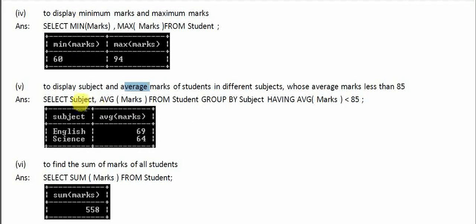So we will write select subject, average marks from student group by subject. We are making groups of subject, and we are applying a condition having average marks less than 85. So here it is coming out as English and science, where the average marks is less than 85.